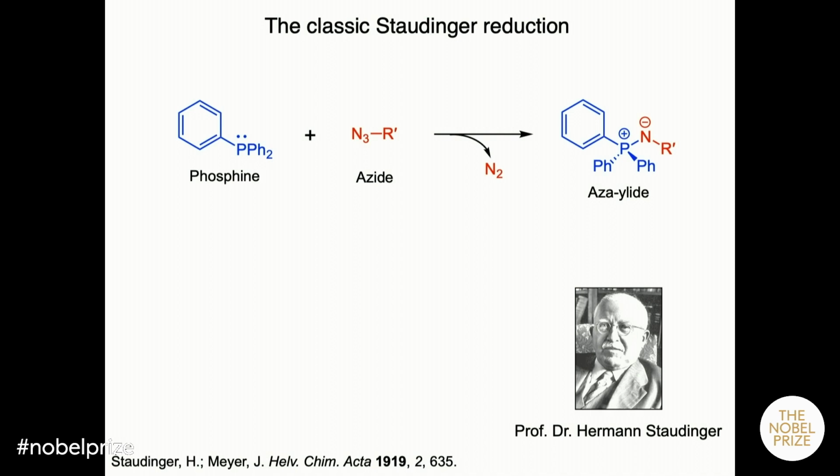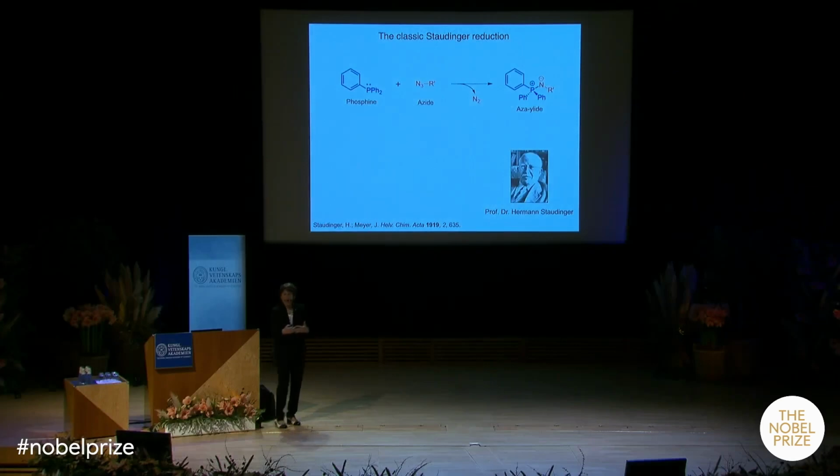You'll hear a lot more about this in the other talks this morning, which is the azide. And phosphines and azides will react with each other to form an adduct called an azaylide. This was a chemistry first reported by Hermann Staudinger over 100 years ago, 1919. And in fact, Professor Staudinger won the Nobel Prize in Chemistry about 40 years after this initial report.